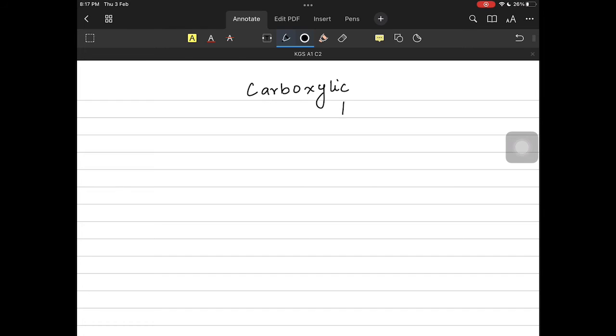This introduces us to a new homologous series, which is the carboxylic acids. Let's revise that it's a new homologous series of organic compounds. It's not a hydrocarbon anymore, obviously, because it has oxygen atoms.